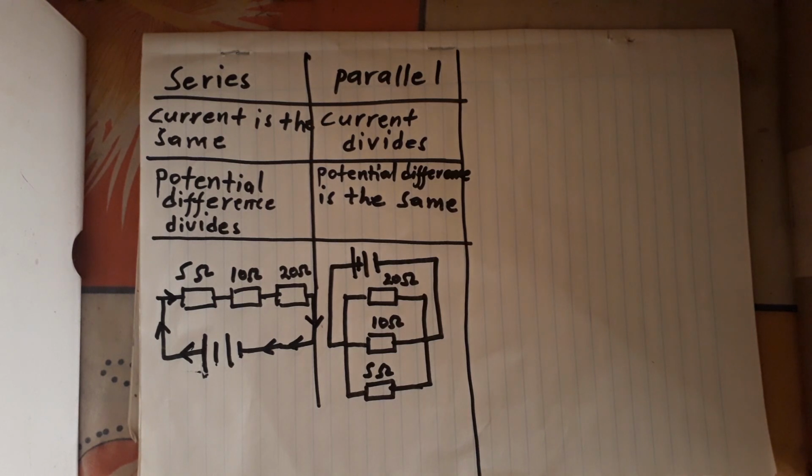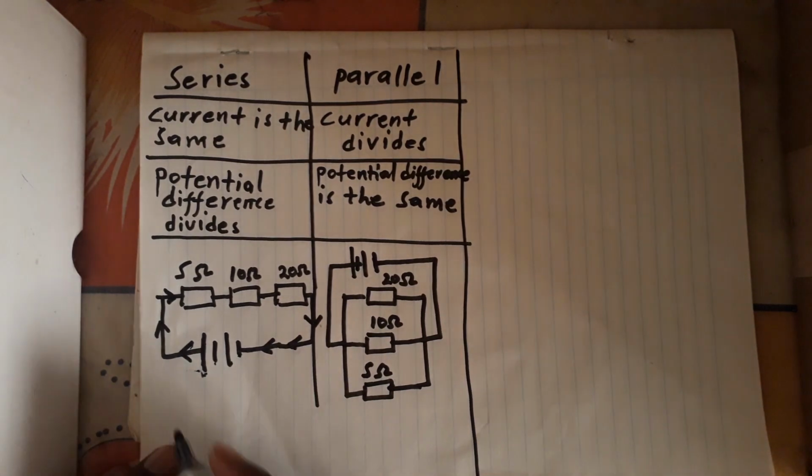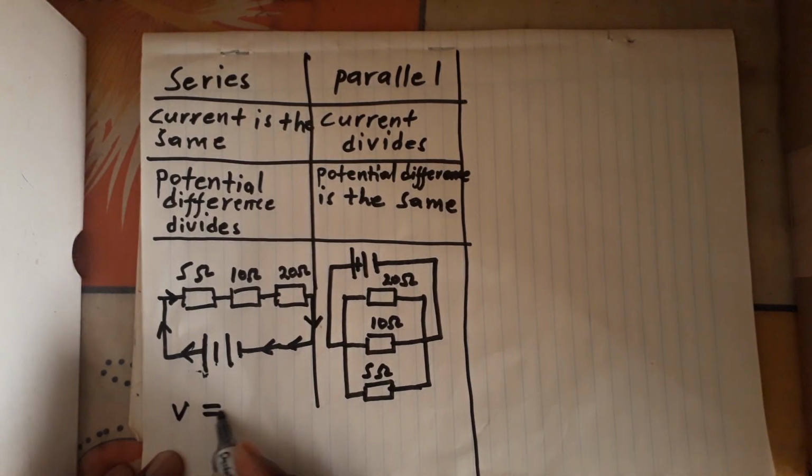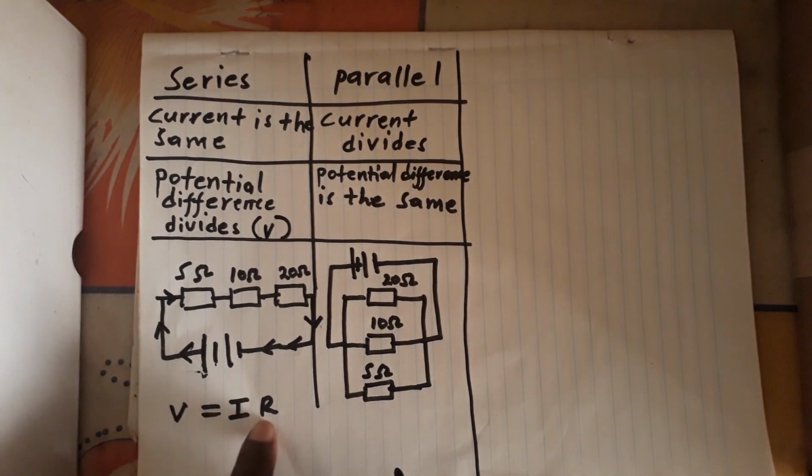So there is no division of current, but the potential difference is not going to be the same, because when we use the formula V equals I R to calculate the potential difference here, the current is the same, but the resistance is not the same.